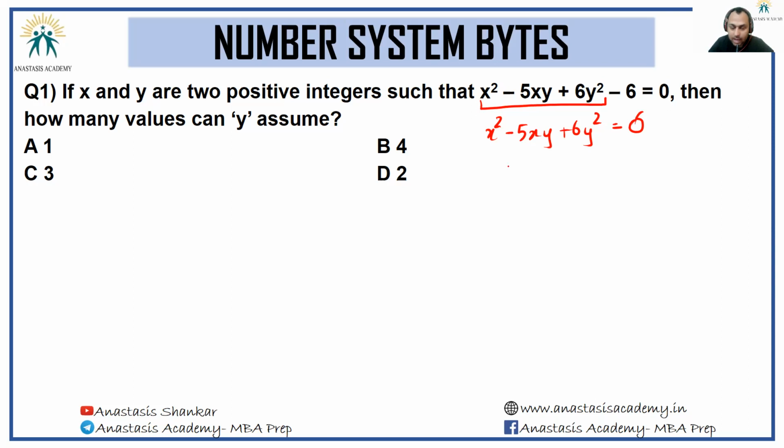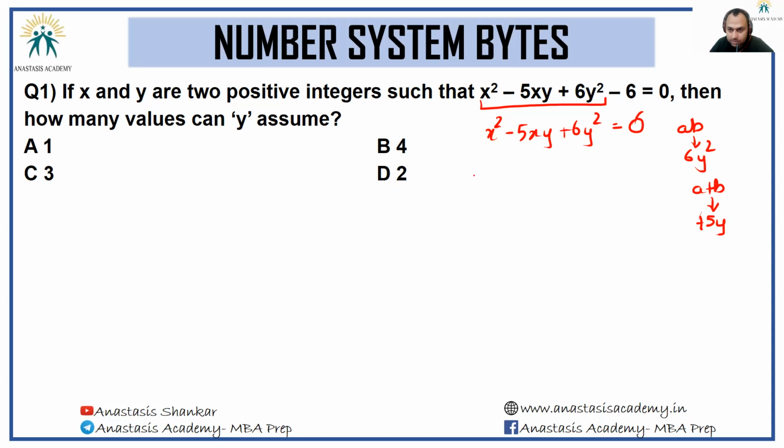Now I'm seeing it as a quadratic in x, wherein the two roots would be in terms of y, and the product of them is 6y square. Let the two roots be a and b. ab is 6y square and a plus b is 5y.